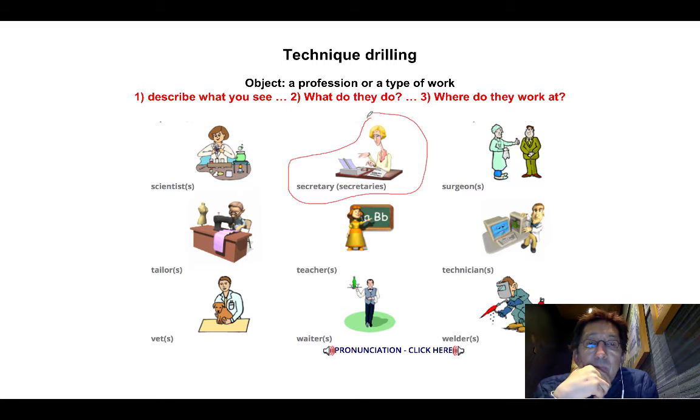You can find her in any office where there is a boss. There's always a secretary, right? Or you can find her in any kind of government buildings or universities.